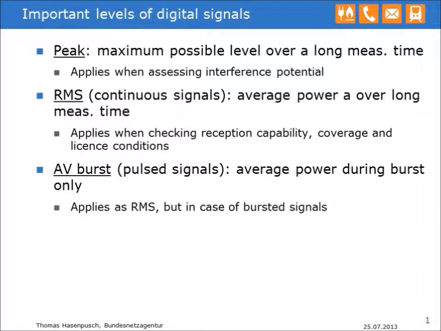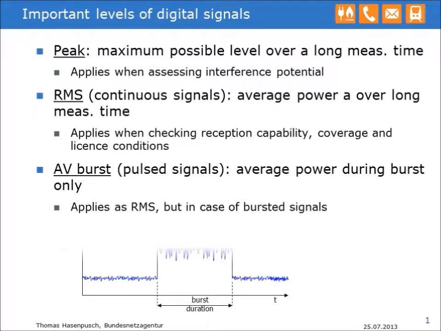When we want to check whether a reception is possible, when we want to check whether the station works according to the license, and if we want to measure coverage. In all cases, we need the RMS value. But if the signal is pulsed, this RMS value is replaced by the average burst value.